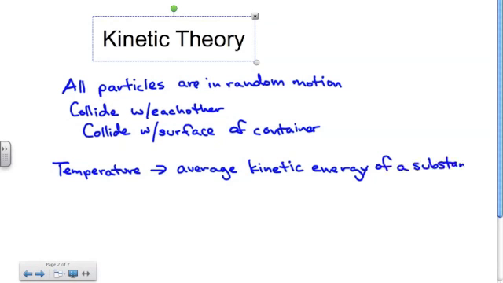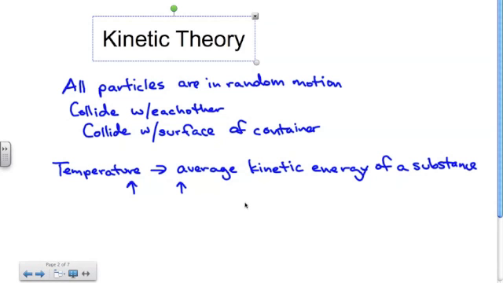So if temperature goes up, then the kinetic energy would go up. So the higher the temperature, the faster the particles will move. Also, the lower the temperature, the slower the particles will move. This is what then led to the creation of absolute zero.